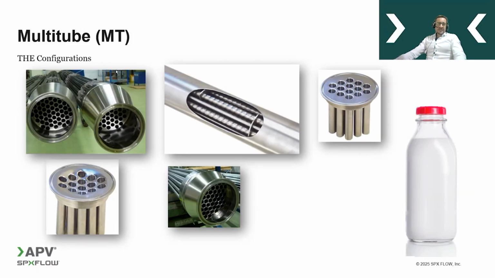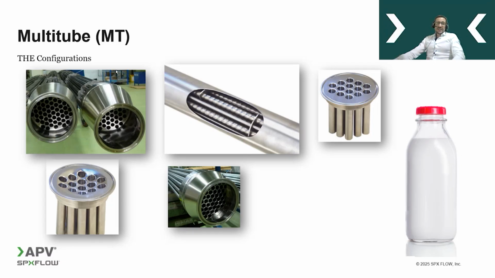Now, I will try to highlight some of the benefits of every single one of what we have in our portfolio. So we start here with the multi-tube. The multi-tube, at the end of the day, is the most popular and widely sold type of tubular heat exchanger, mainly because it offers the largest heat transfer area among all of the configurations.